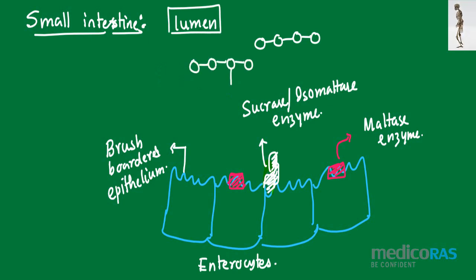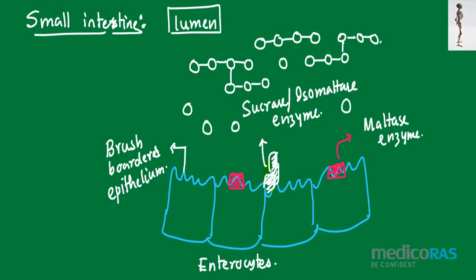So here we can see in the lumen of the small intestine, we have different structures of amylose or amylopectins present. So they have both the bonds, alpha 1,4 as well as alpha 1,6 glycosidic bond. Similarly, small glucose molecules are also present. If we consider one as an alpha glucose molecule, then two glucose molecules together form maltose.